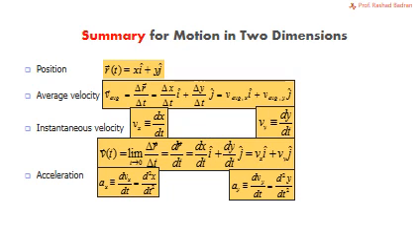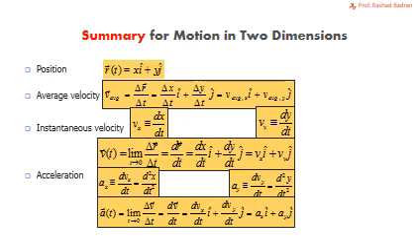Similarly, the y component is the derivative of the velocity component with respect to t, or the second derivative of the position y with respect to t. Then the acceleration has two components as well, ax, that is dvx by dt, and ay, that is dvy by dt.